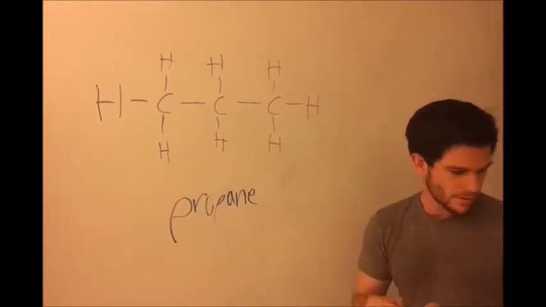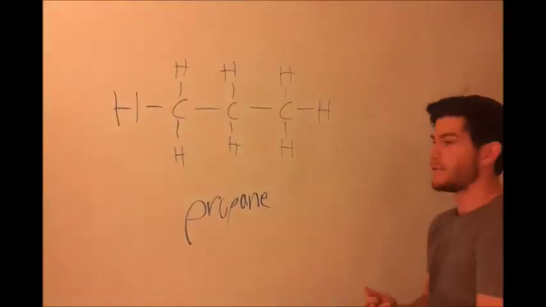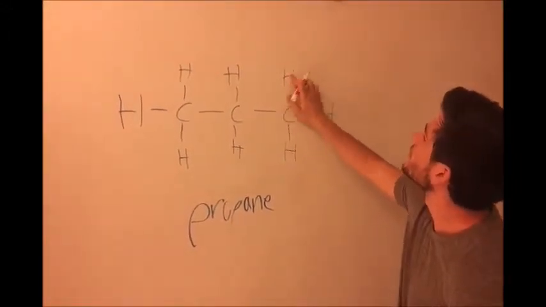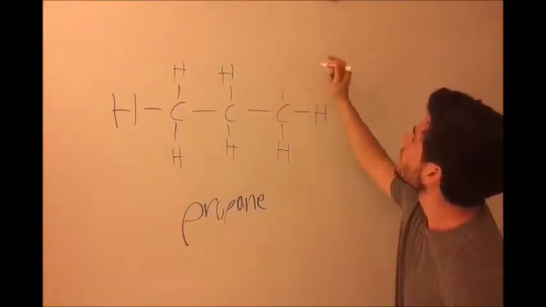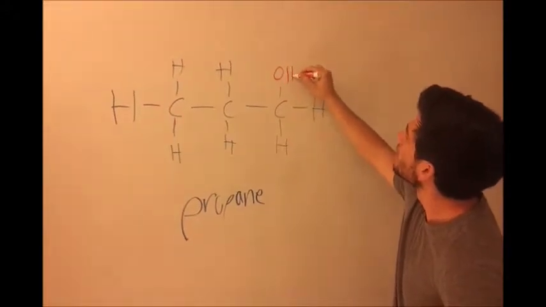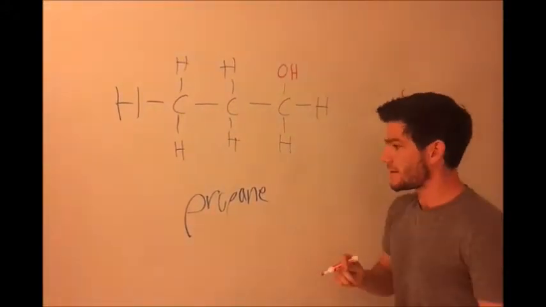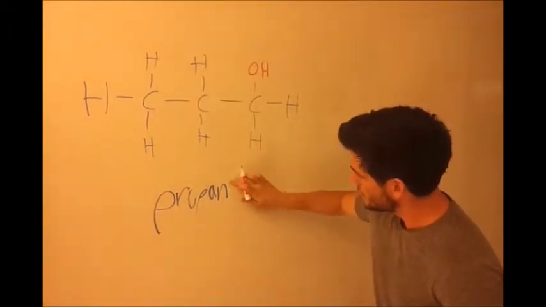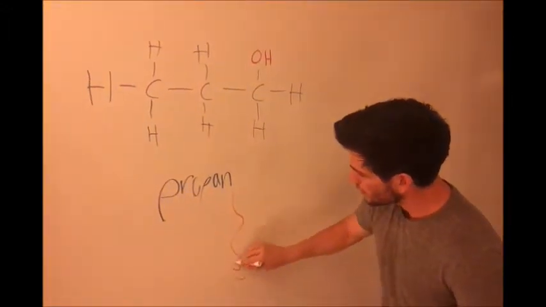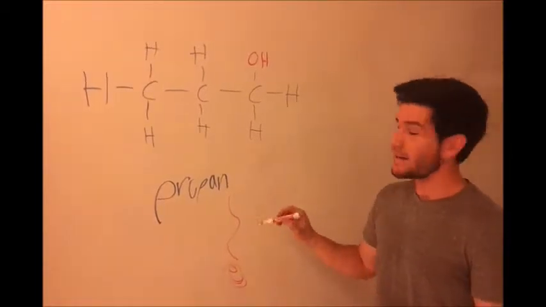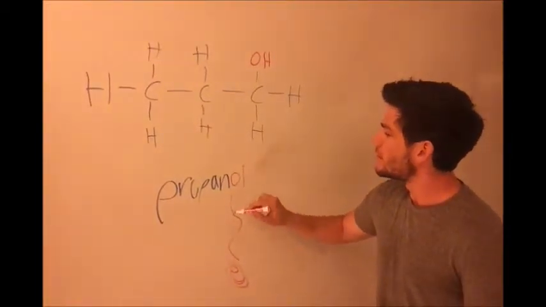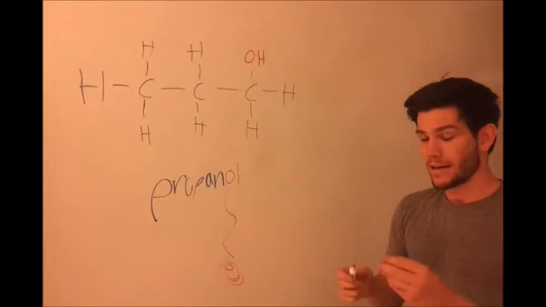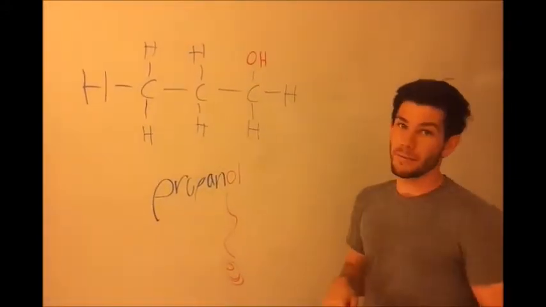So for this example, I'm going to go ahead and add the OH right here on this carbon. Then, by naming an alcohol, I'm going to drop the E, so gone forever, and add OL: propanol. But we're not done yet, because we need to signify where the hydroxyl group is.